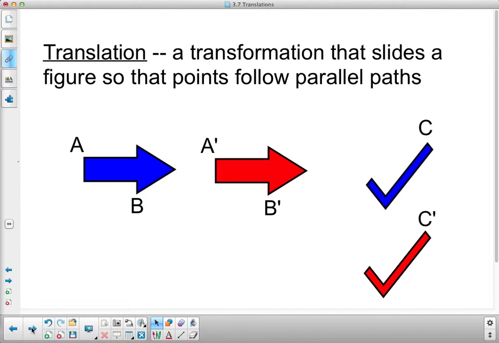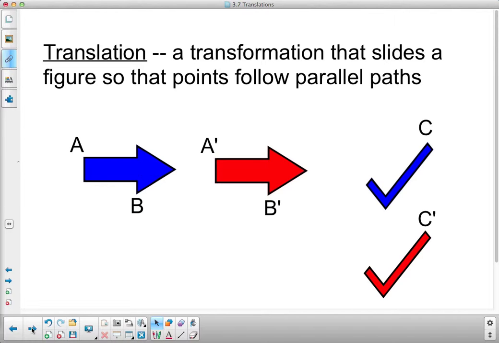So I gave you a couple examples here. We've got the blue arrow going directly to the right. I coded it red and with the primes to indicate that's the final figure. The check mark went directly down to do the slide.